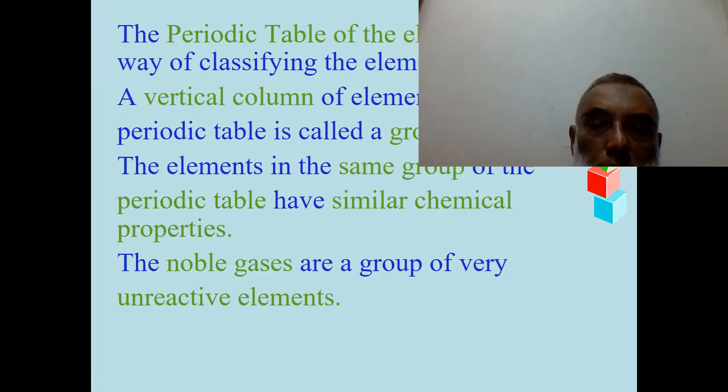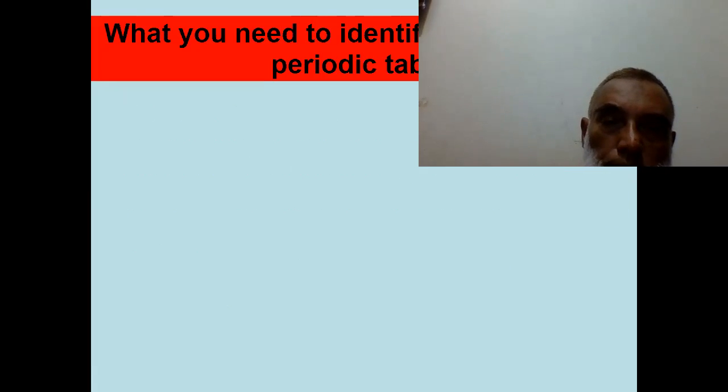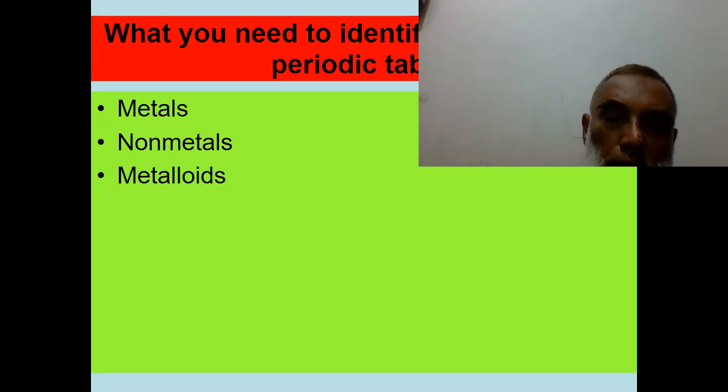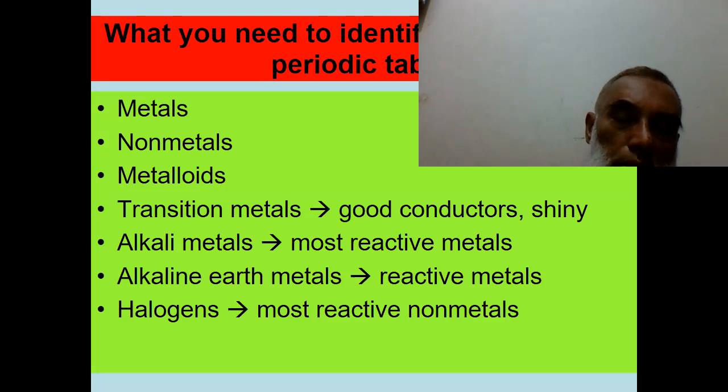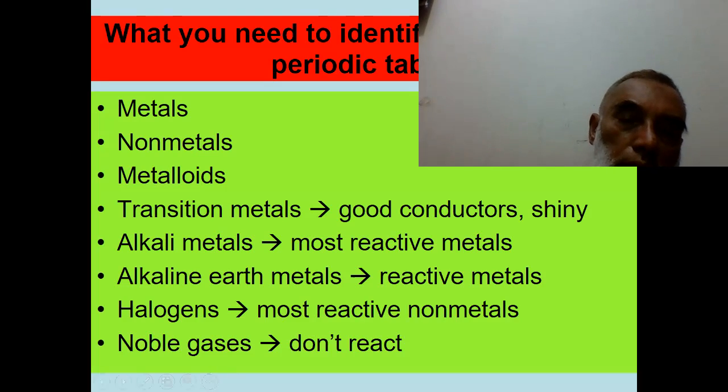Alkali metals are very reactive metals, and halogens are very reactive non-metals. From the periodic table, we distinguish between metals, non-metals, metalloids, transition metals, alkali metals, alkaline earth metals, halogens, noble gases, etc.